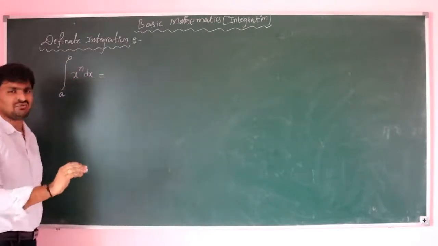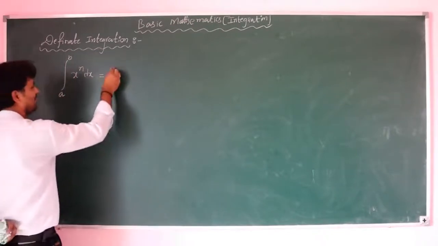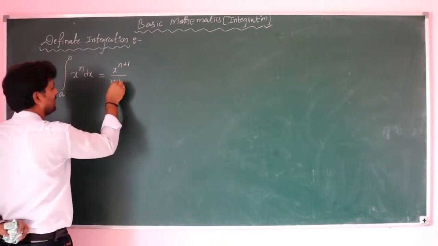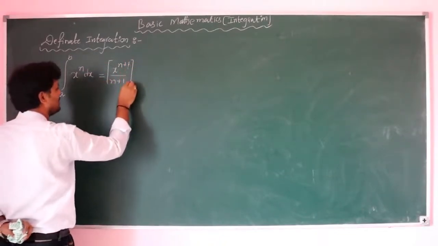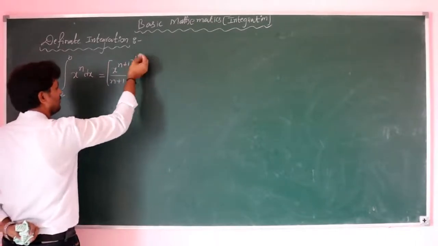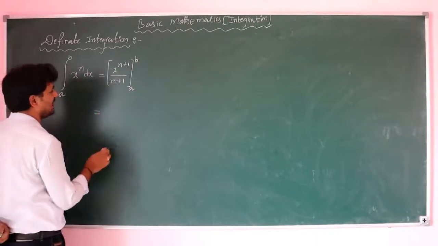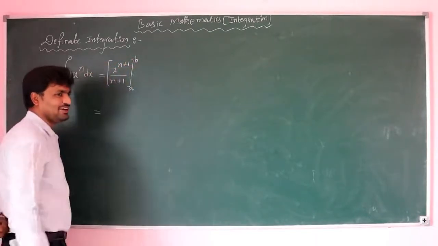Nothing special we have to do. First take the integration of x power n, which is x power n plus 1 upon n plus 1. And then the limits, a to b. What do we have to do? Substitute upper limit minus lower limit.